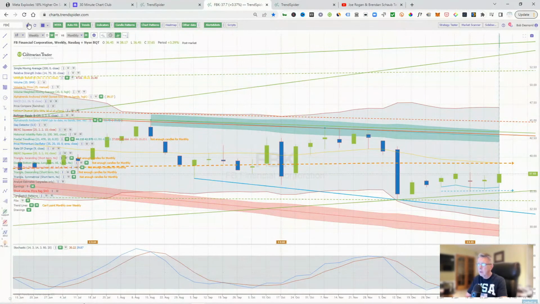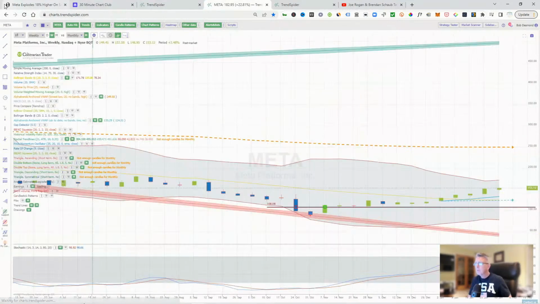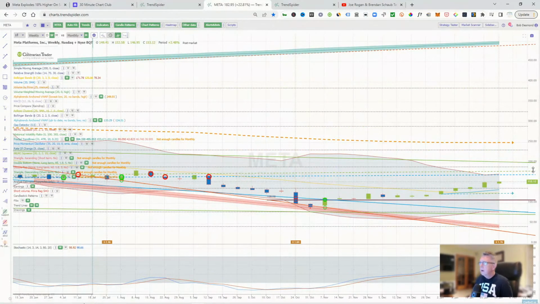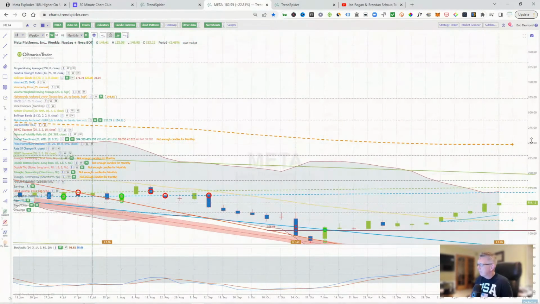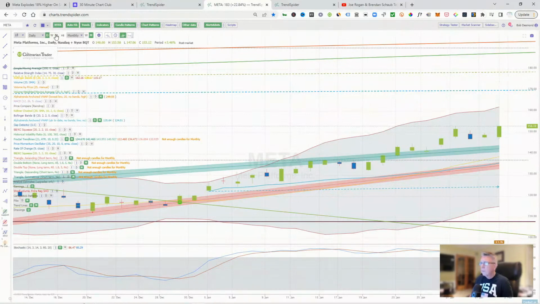Oh, sorry, wrong symbol. Still can't get out of that habit. So here's Meta, weekly chart. Where's the monthly, daily? I could have sworn it was 186.